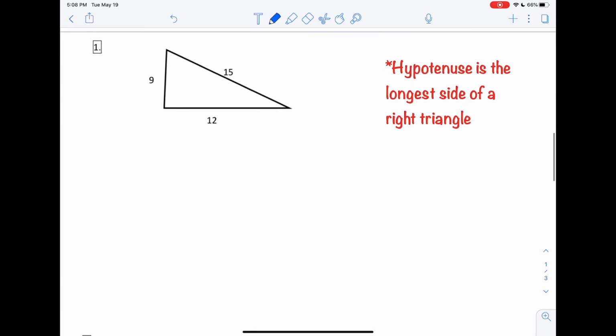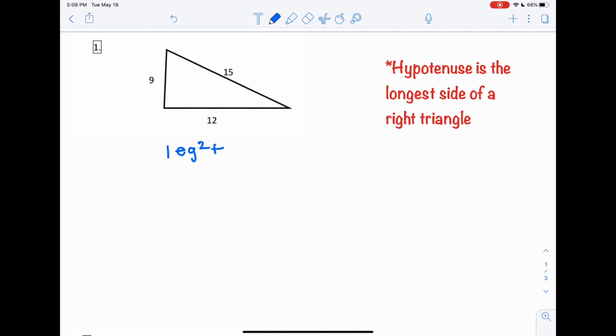So the important thing that we learned from the converse is that the hypotenuse is the longest side of the right triangle. So we're going to assume that working with these triangles, the longest side is our hypotenuse. So let's go ahead and see if this one is a right triangle. I'm going to begin by writing out my formula.